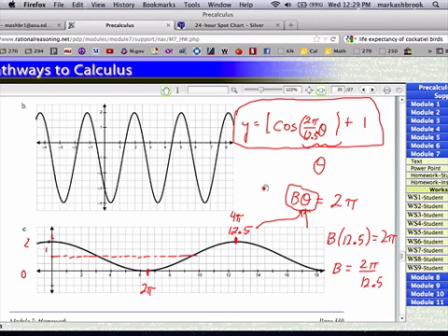Question? So for the previous one, could you just do 2 pi over the period, equal to what we're solving here, and get the same? Mm-hmm.